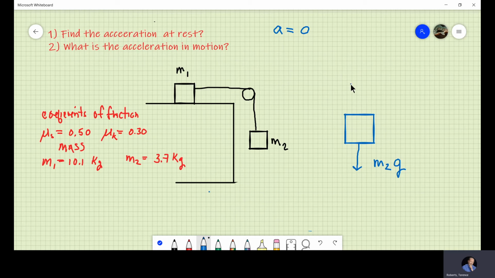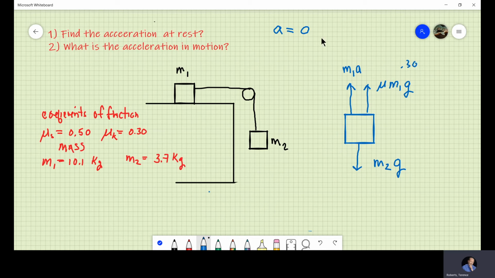But one vector is going to be the mass times that acceleration from M1. M1's going to be sliding across here. And then the other vector is going to be caused by the friction of the surface of M1. So that one is going to be mu M1 G. And we're going to use the coefficient here of 0.30 because we're in motion.